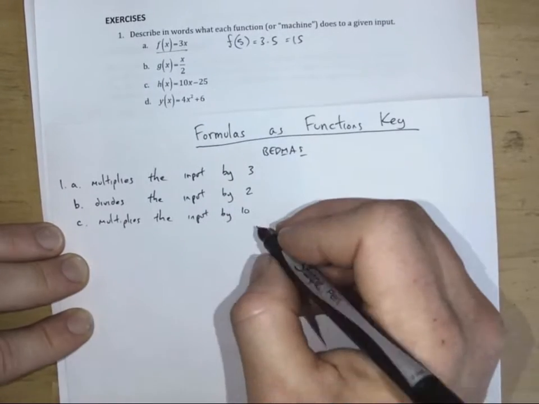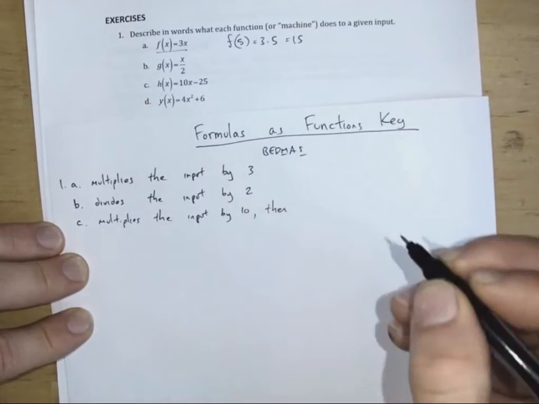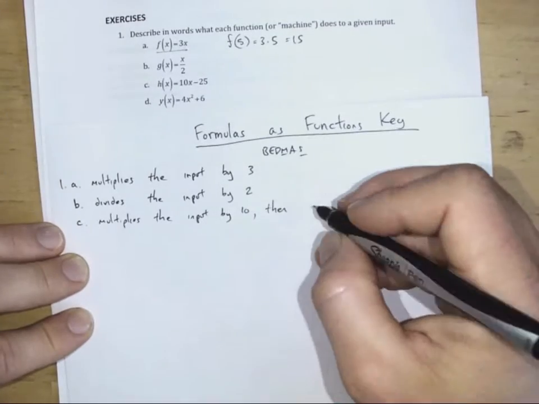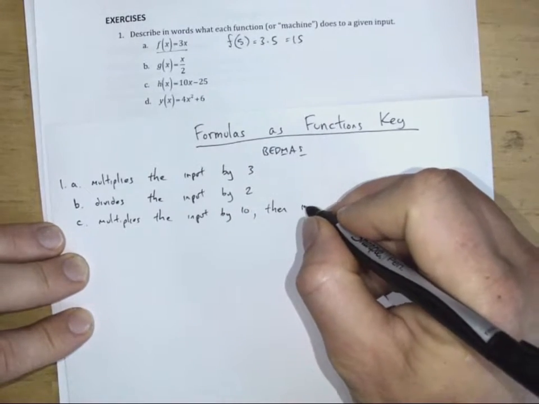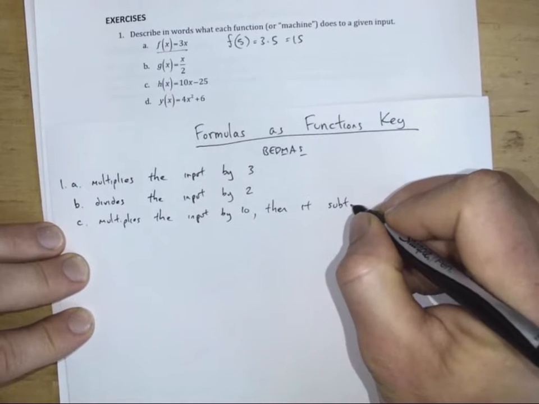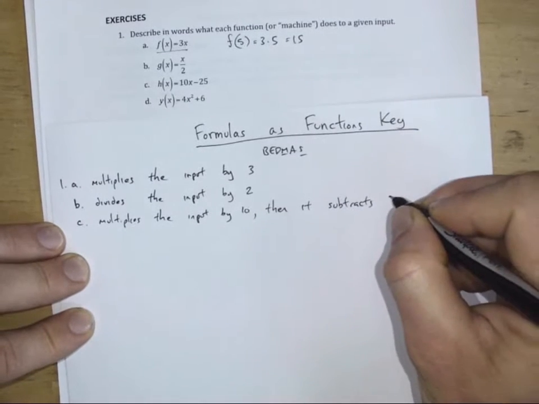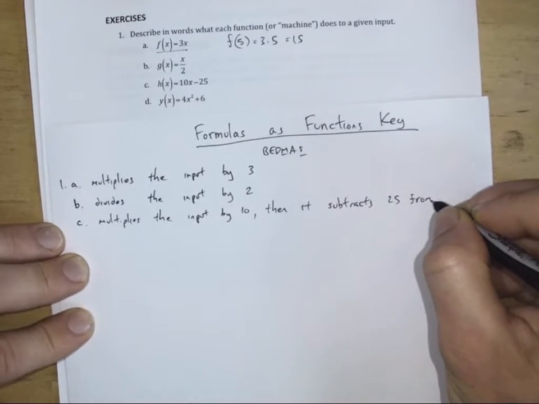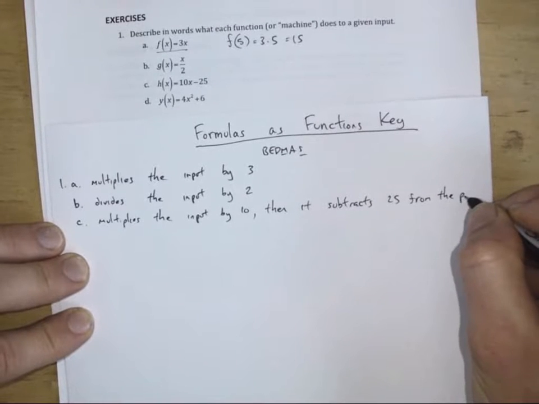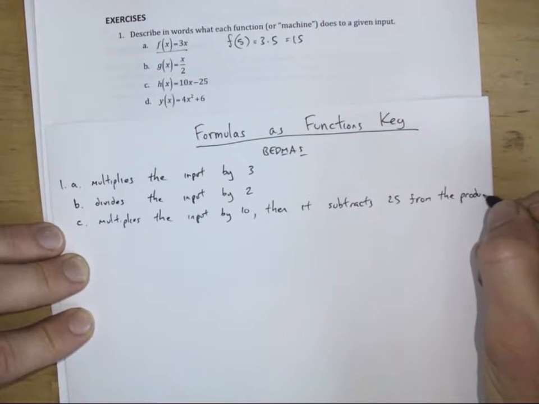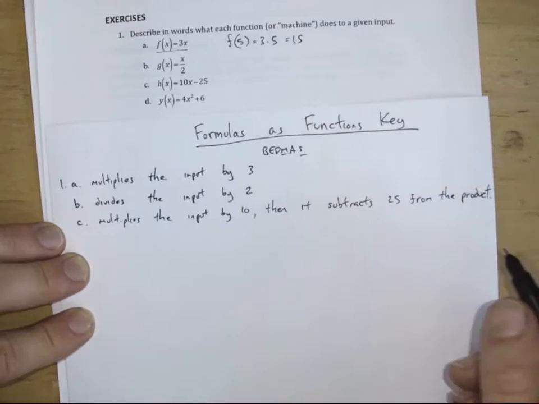And then it takes away 25. Then it subtracts 25 from the product. Product is the word for the answer to a multiplication question. Okay.